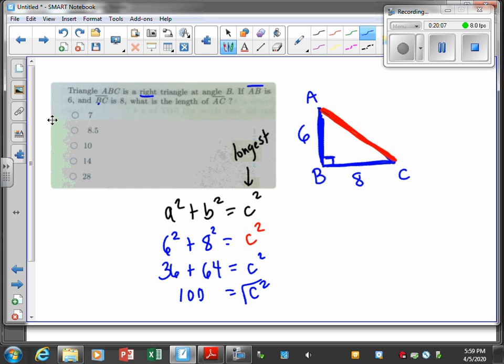To get c by itself, take the square root. Whatever you do to one side, do to the other. Square root is going to be plus or minus 10, but in this case, because it's positive values, we only take positive 10 because it's an application problem. So square root of 100 is 10, and that gives us our answer right there.